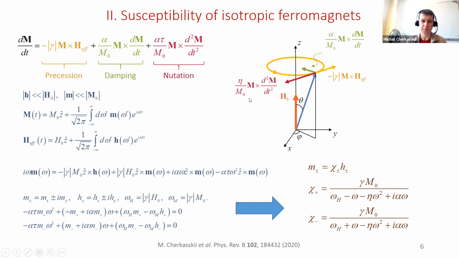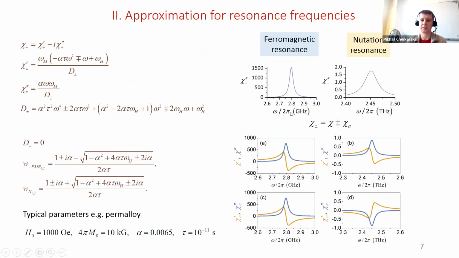So first, we employed circular variables and found the susceptibility of anisotropic ferromagnets, chi plus and chi minus. Chi plus is responsible for the precession resonance, ferromagnetic resonance, while chi minus shows nutation resonance, and they are in different frequency ranges as expected.